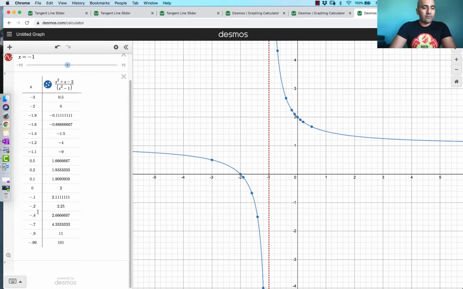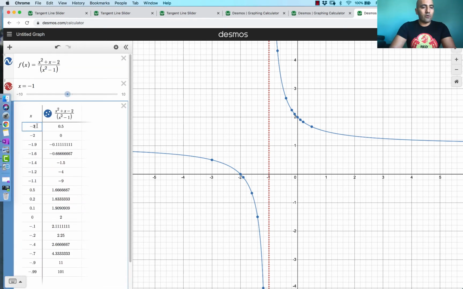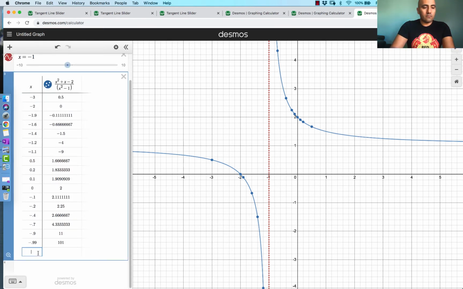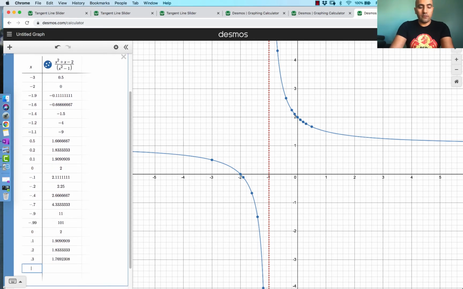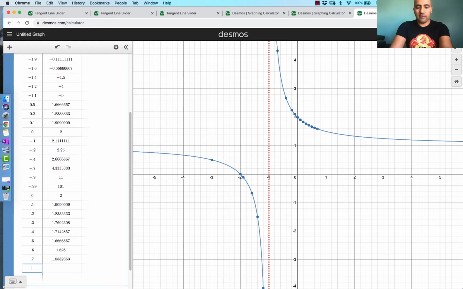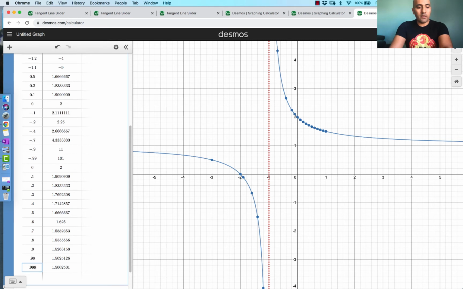So let's go back to our table here and again plug in values close to +1. So let me walk toward +1 from this direction. So 0, 0.1, 0.2, 0.3, 0.4, 0.5, 0.6, 0.7, 0.8, 0.9, 0.99, 0.999.